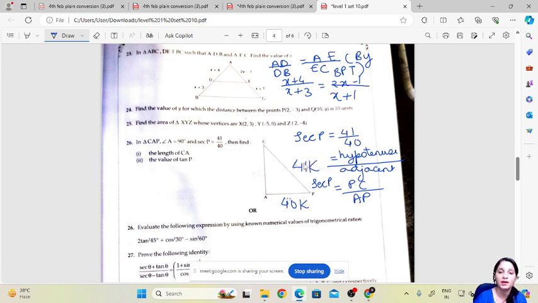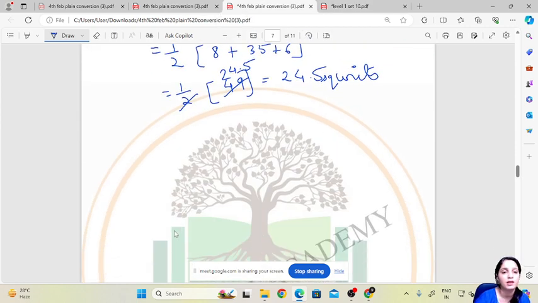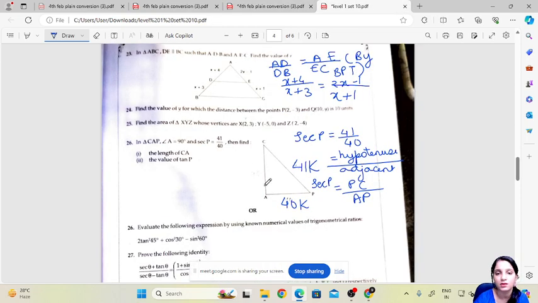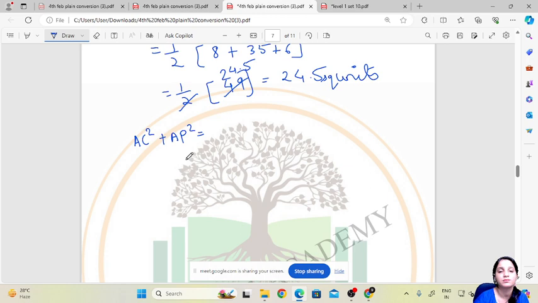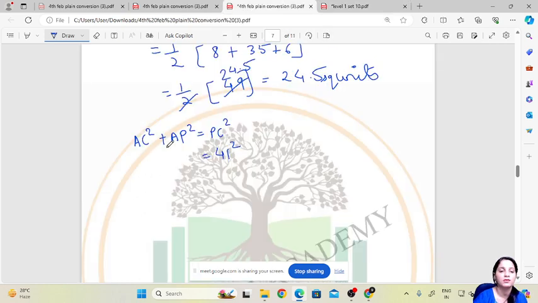We have to take K. So it will be AC square plus AP square equal to PC square. Here PC is 41K, so 41K square, and AP is 40K square.